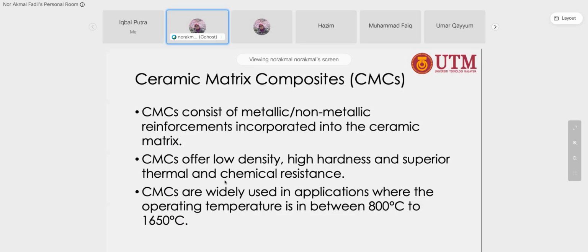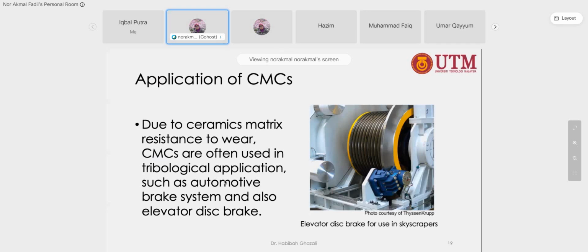So CMC are widely used in applications where the operating temperature is between 800 to 1650 degrees. Unlike MMC, which go up to 700, CMC is more than that. Due to the ceramic matrix's resistance to wear, CMC are often used in tribological applications such as automotive brake systems and also elevator disc brakes.